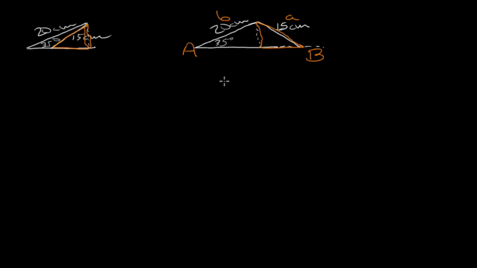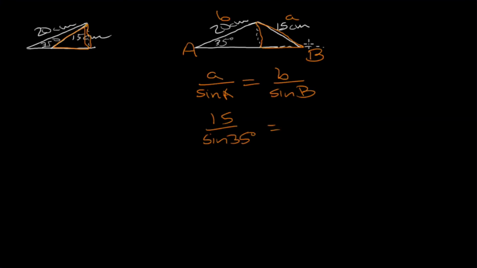So using the law of sines, A over the sine of A has to be B over the sine of B. Then I can fill in the information I know. Let's see, 20. But I don't know this angle yet.